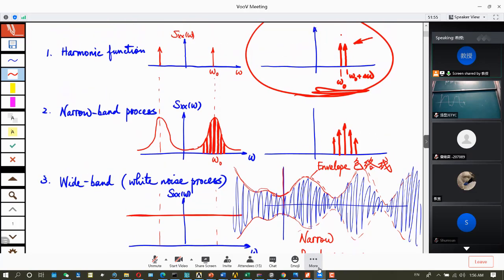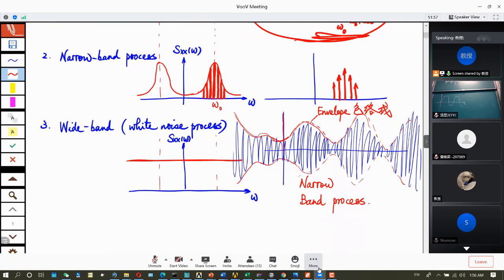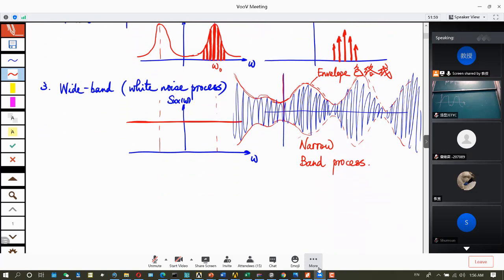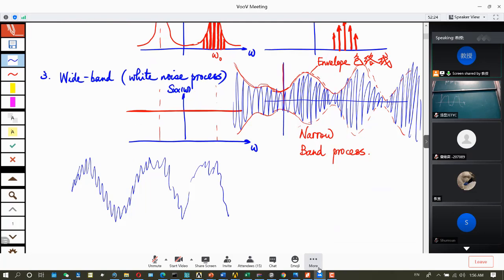Okay, so now for a wideband process, it has all frequency components. Okay, so in the first drawing, the student, I think he drew something like this, right?